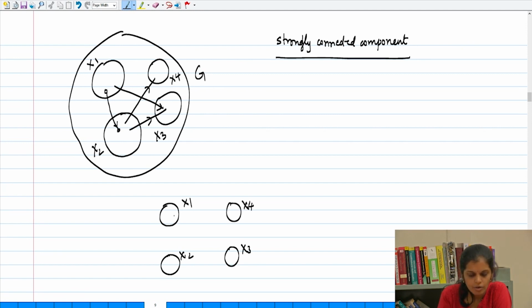I will draw an edge from Xi to Xj if there is some vertex in Xi that has an edge to some vertex in Xj, and I don't draw the edge from inside, I just draw it from X1 to X2 and so on. Now what kind of a graph do you expect to see?